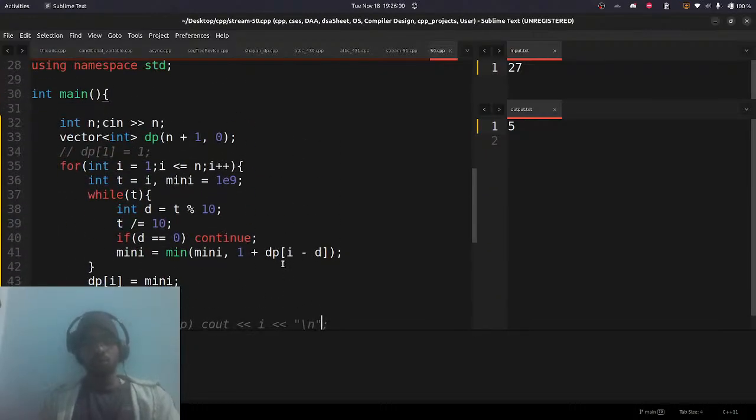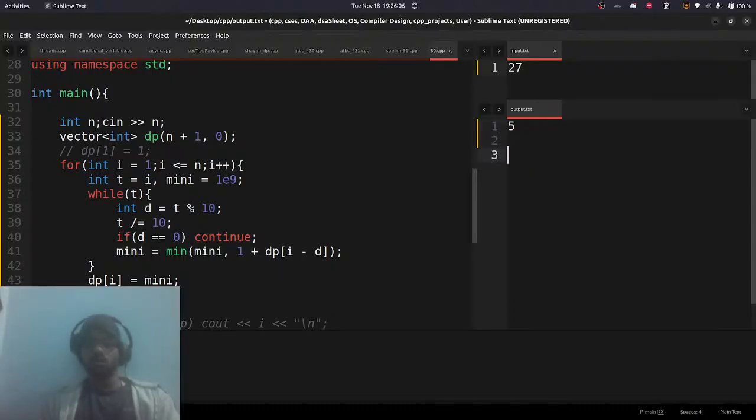Okay. Then the issue is, for example, if we have 10, so what my code was doing was subtracting 0 from it, and since subtracting 0 will lead to 10 only, and initially all the values are set to 0, that is why the minimum value will be coming from there only.